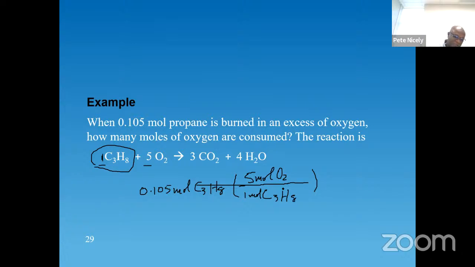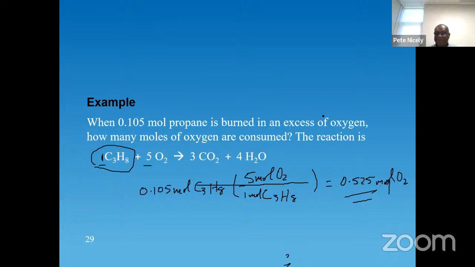So 0.105 times 5 gives you 0.525 moles of oxygen. So that's a relatively simple example, straight up mole-to-mole relationship.